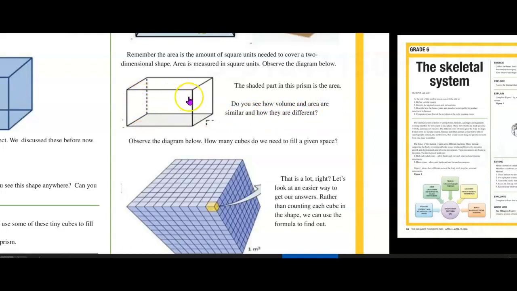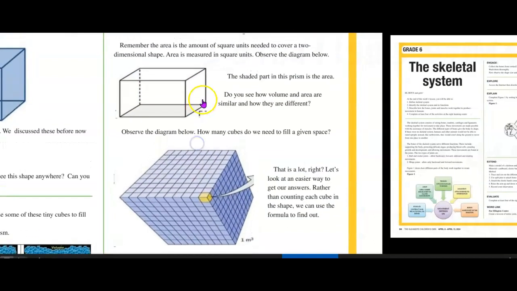So this front face here, if we are calculating that alone, that would be the area of just this face. If we are calculating volume, it's all of the things that would fit into the space within the rectangular prism.